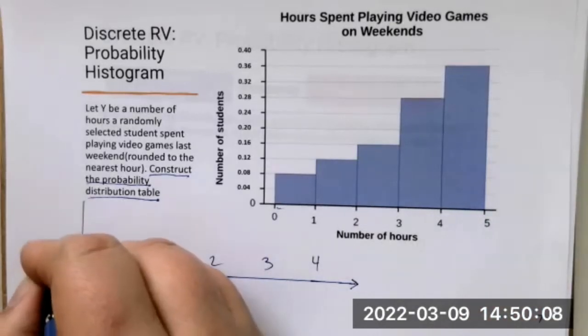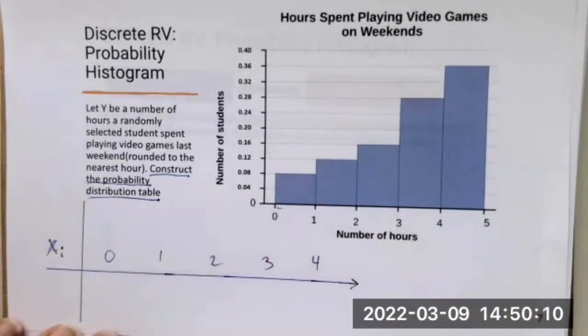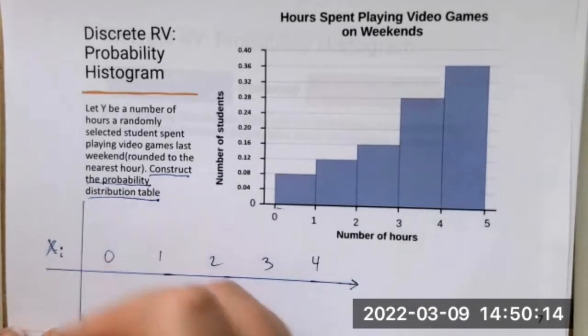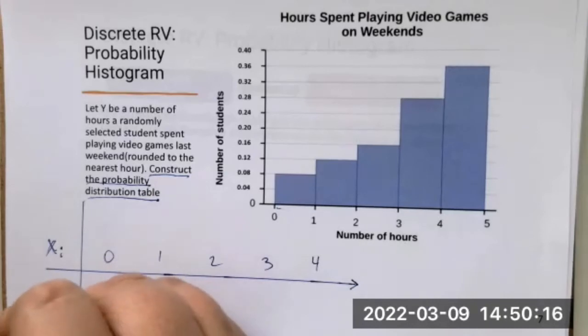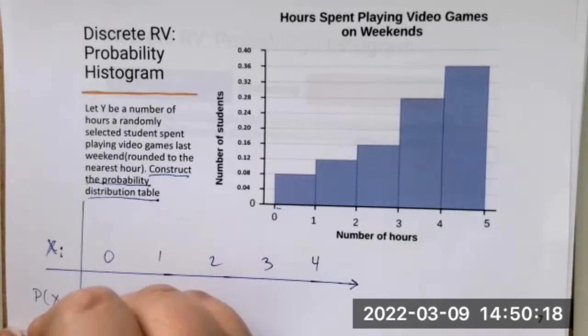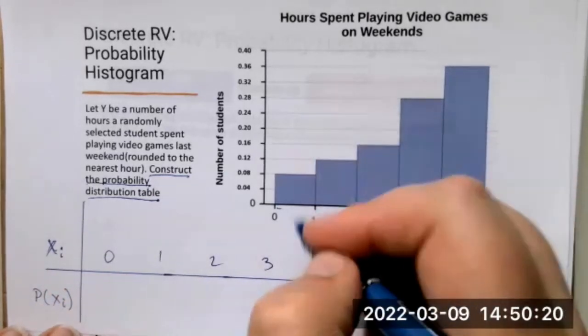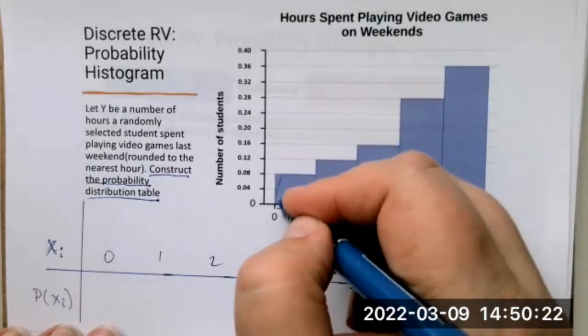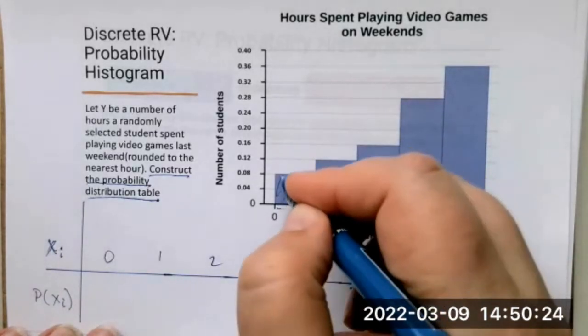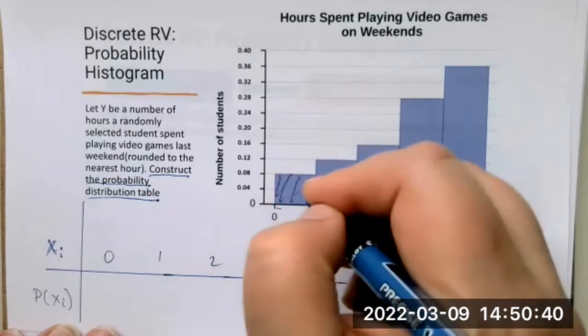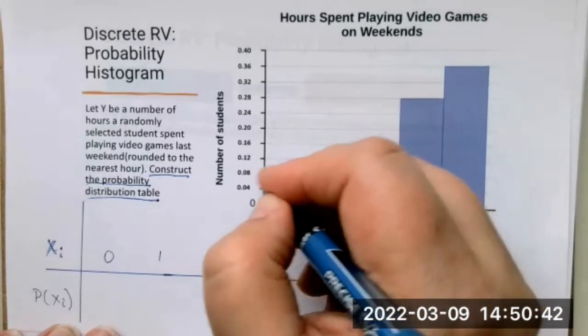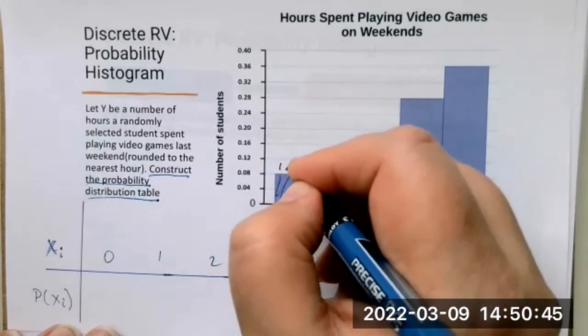We're going to call it x sub i because it's like the first x, the second x. That's what i is for. That's a counter. So what's the probability of each of those outcomes? Well, we have to calculate the area of each rectangle. So the width is 1 and the height is 0.08.